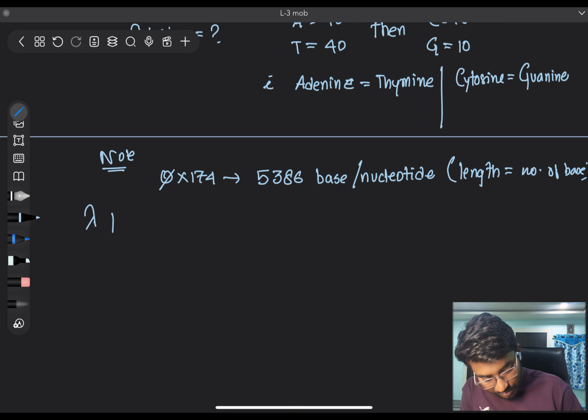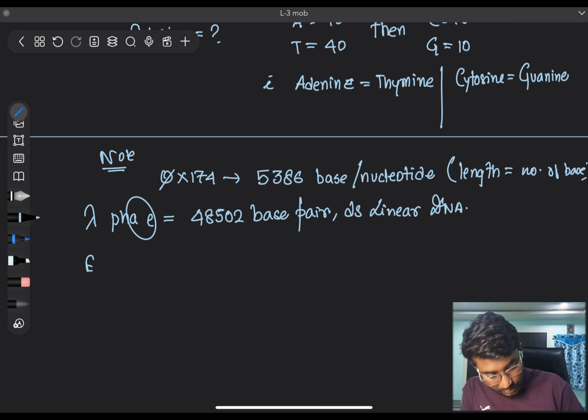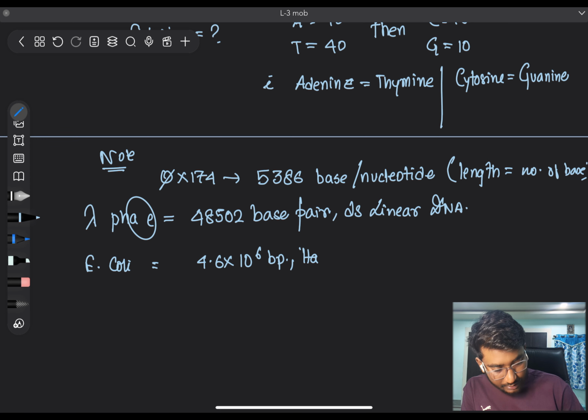Lambda phage has 48502 base pairs, a double-stranded linear DNA. E. coli has 4.6 into 10 to the power 6 base pairs. It is haploid.